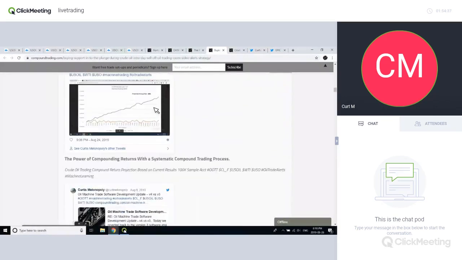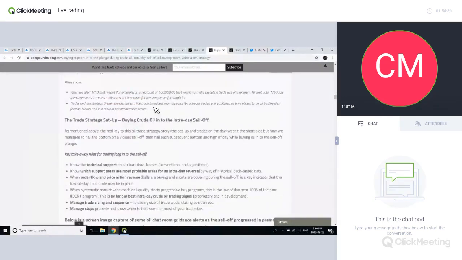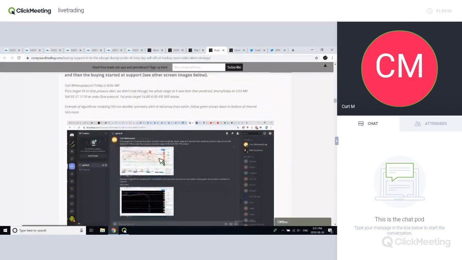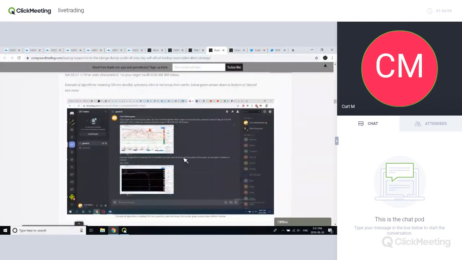You can go through these reports, and if you read through them, you'll see all the different guidance and technical indications we were dealing with and how we explained it in the Discord room. So this Discord room provides a much greater level of detail.